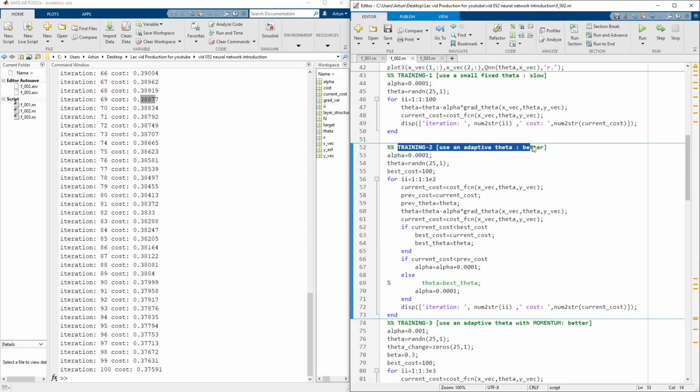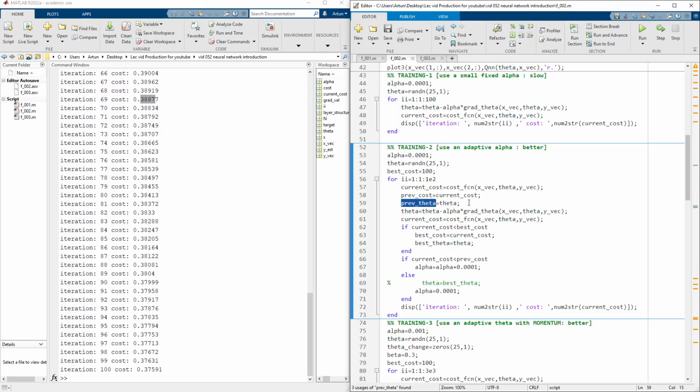So this is the second training algorithm, where we are employing some type of adaptive. Wait a sec, this is not theta, sorry, this is alpha. We need to update theta, of course. Theta shouldn't be fixed. Alpha is the learning rate. First get the current cost and store that, copy that to the previous cost function value, and again store your current value.